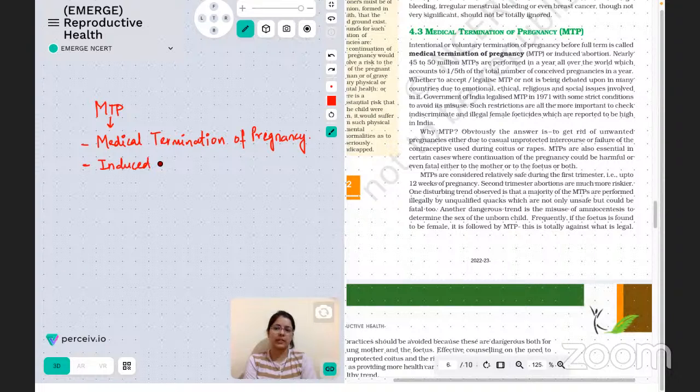Induced abortion means that if a couple doesn't want to have a child, or if the baby is having some genetic problems, the doctors will recommend going for abortion. तो उसको हम induced abortion भी बोलते हैं. ठीक है. So intentional or voluntary termination of pregnancy before full term is called MTP, जिसको हम induced abortion भी बोलेंगे.